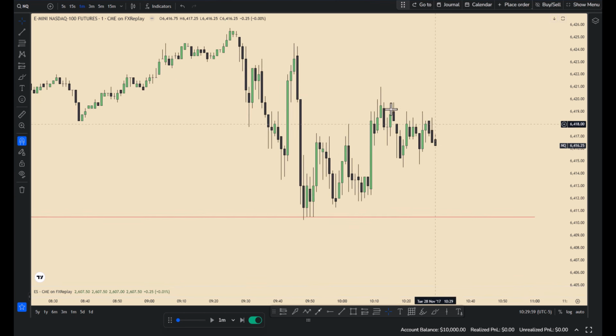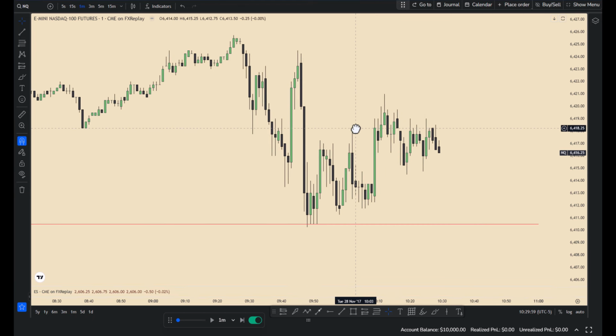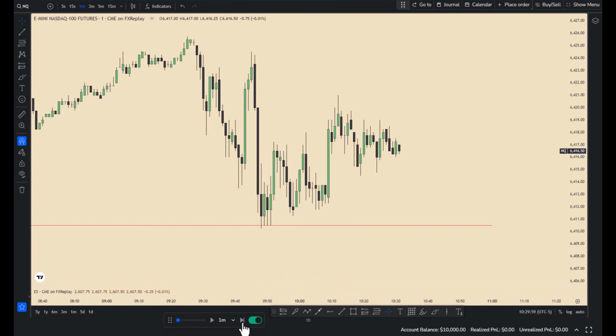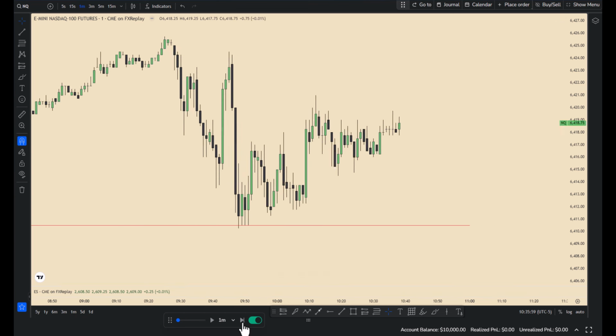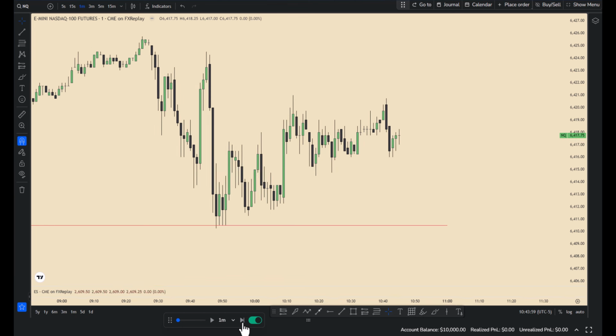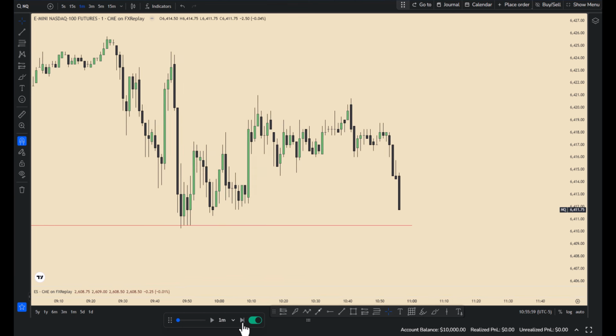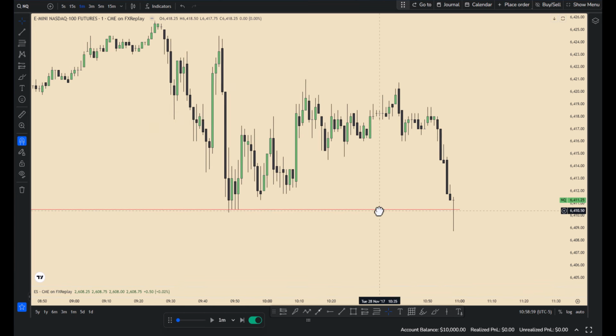Things are not pretty here. We still have this whole block that can push price to the downside. We need to wait, so let's move price a bit. Yeah, so this sweep right here was not that obvious.